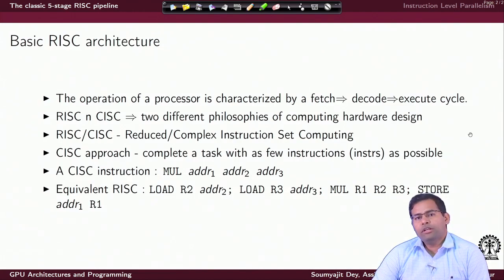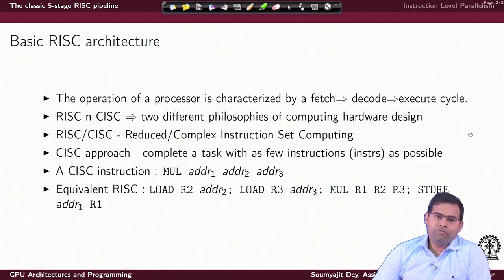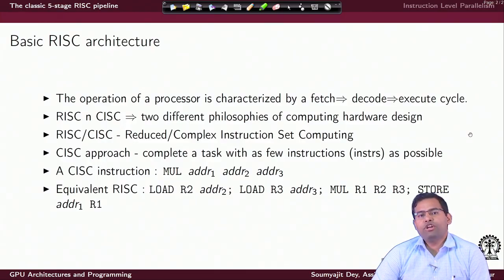How a processor really goes about this business is where the computing philosophies differ. Fundamentally, this style of whether to follow RISC or CISC style of computing is based on the basic notion of the instruction set of a processor, that is, what are the different types of machine level instructions a processor is going to support.